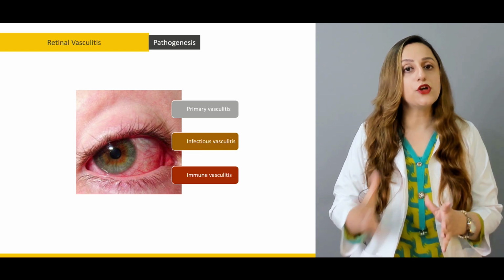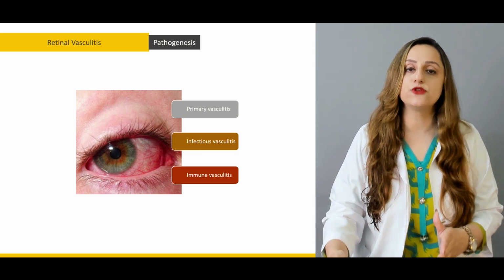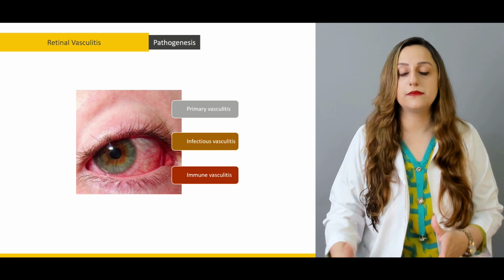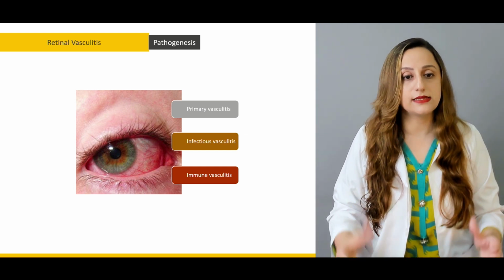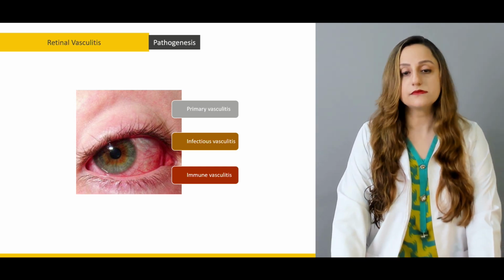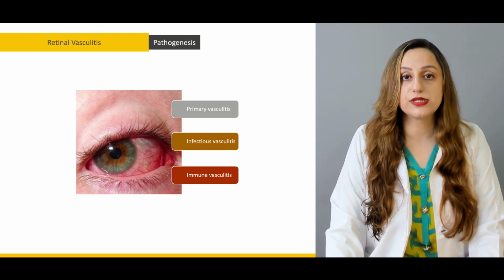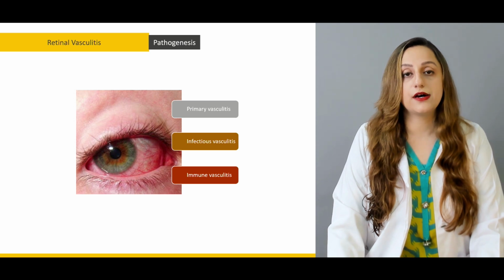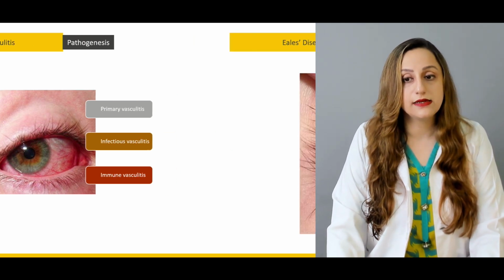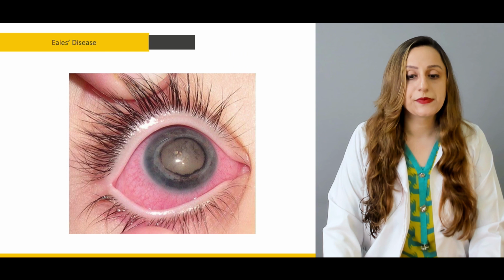These are some of the autoimmune disorders that can ultimately result in retinal vasculitis in these patients. So these are the pathogenetic factors or the causative factors towards the development of this condition of vasculitis in the retina of the individual.